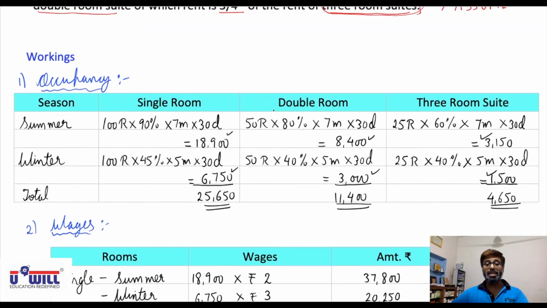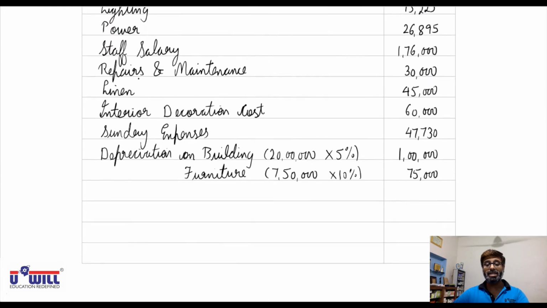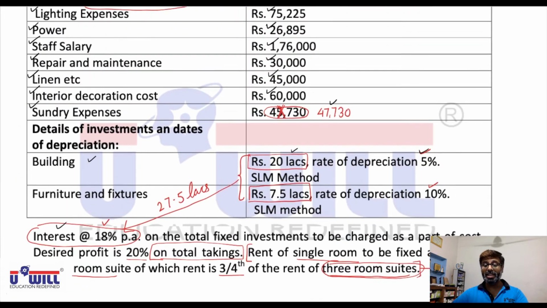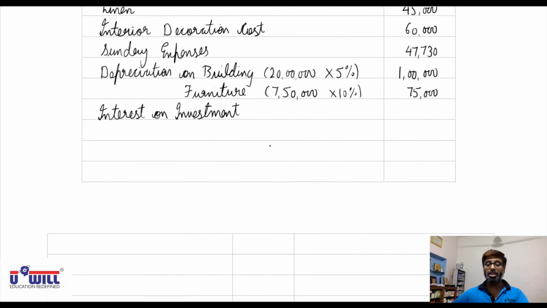And after depreciation, in the last paragraph, we have one more new expense. Interest of 18% is to be calculated on total investments. So interest on investment, now as we discussed, investment is 27,50,000, this 20 lakhs of building and 7.5 lakhs of furniture.